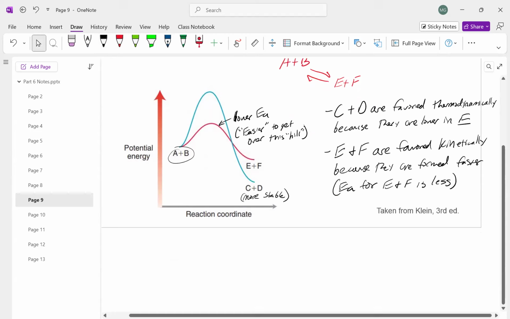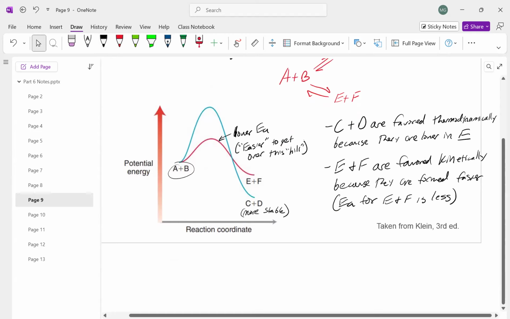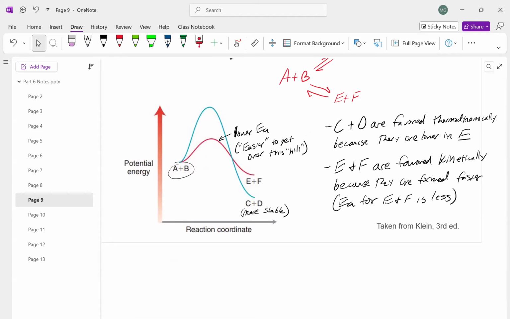So I want you to think about this for a second. If I take A and B, and I do this under two different temperature conditions. Let's say I take A and B, and I heat it up really hot. Which pathway do you think that's going to go? Remember, what is heat?